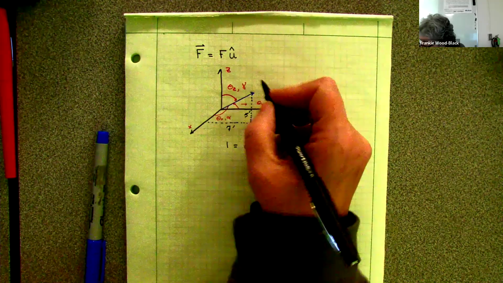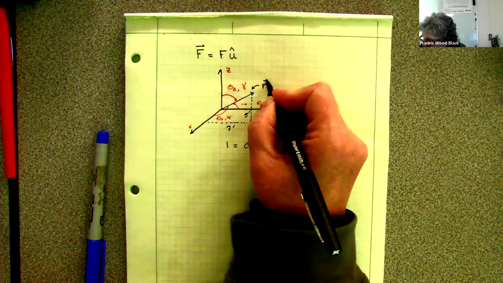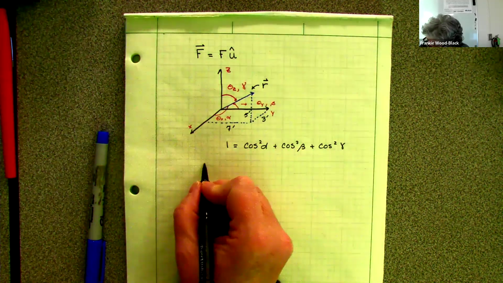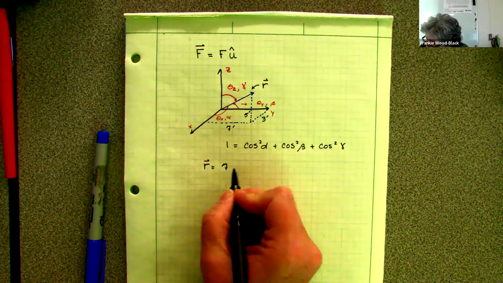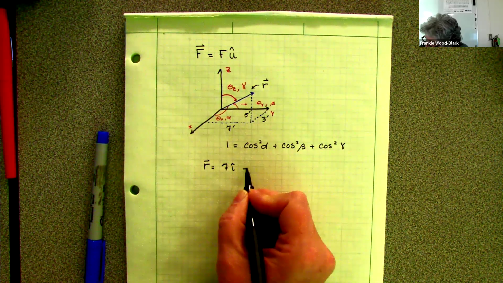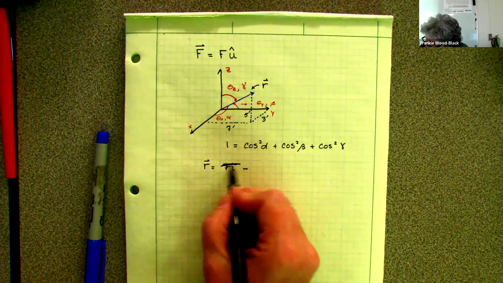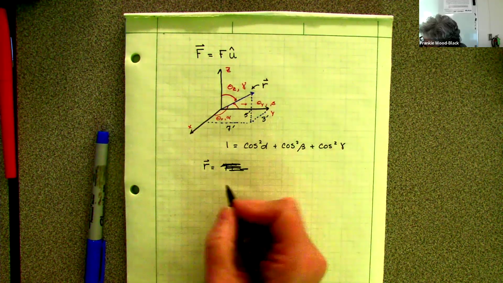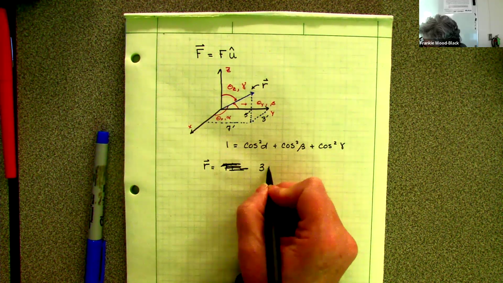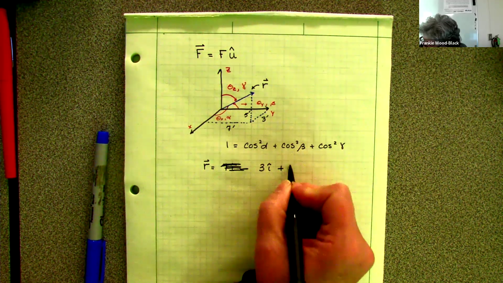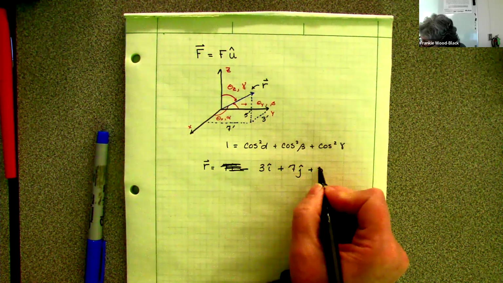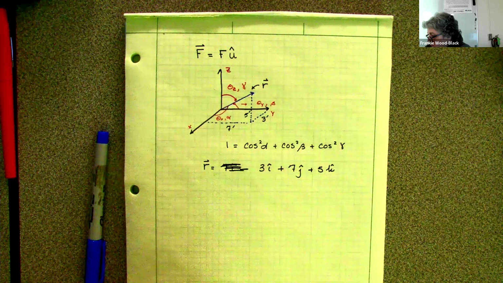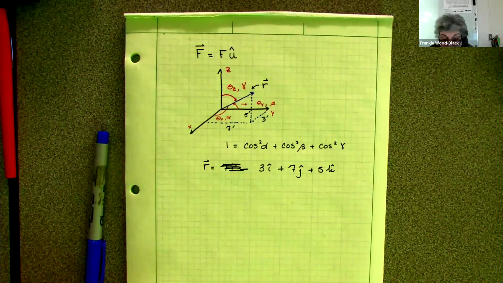So my R vector I can write as 7 in the I direction. Nope. See, I told you it's a bad thing on Friday. It's 3 in the I direction plus 7 in the J direction plus 5 in the K direction.